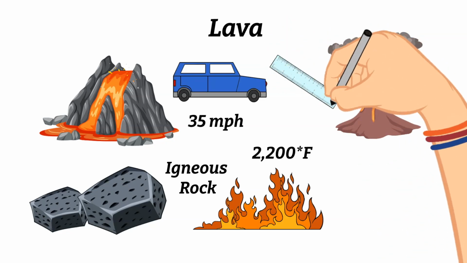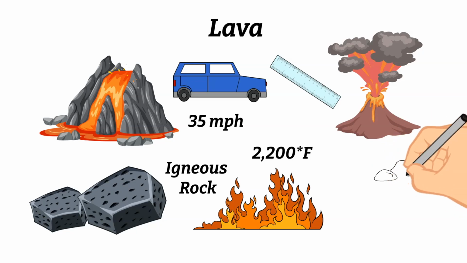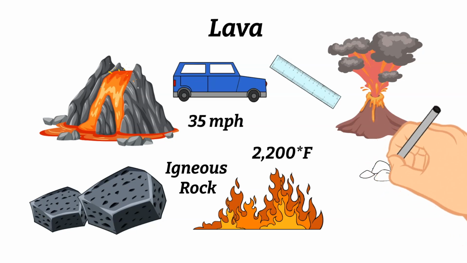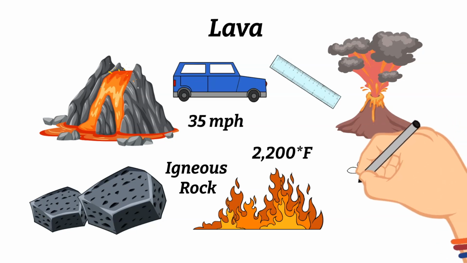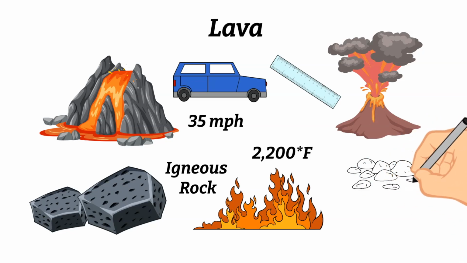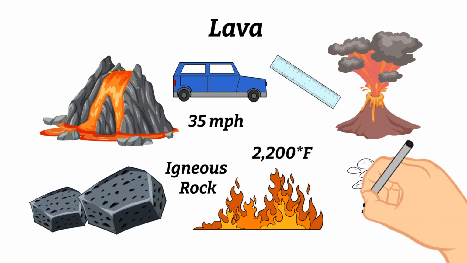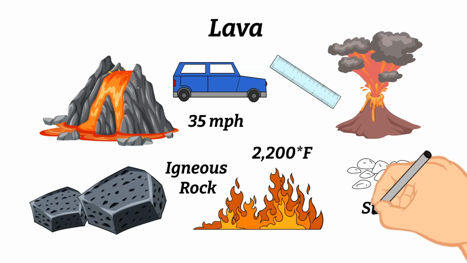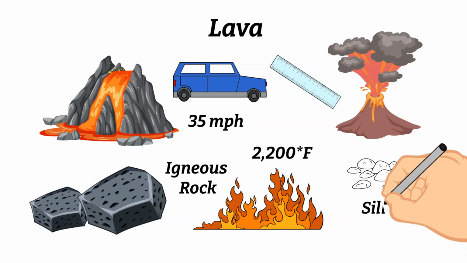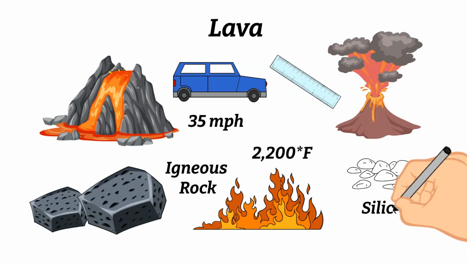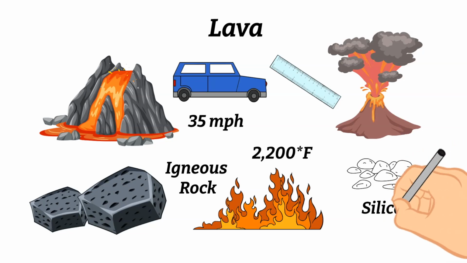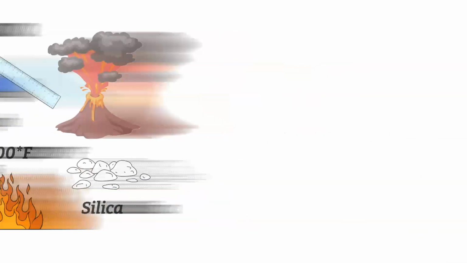This speed of the flow of lava really depends on many different things, but typically it boils down to depending on the temperature of the lava and what the lava is made of. Now, like I said, with magma, lava does have a high percentage of silica in it.